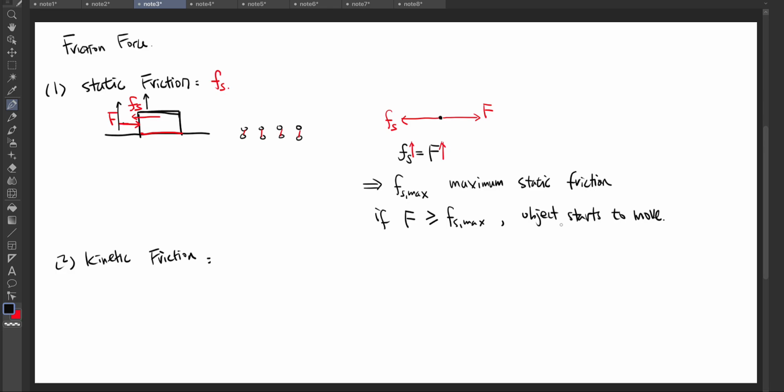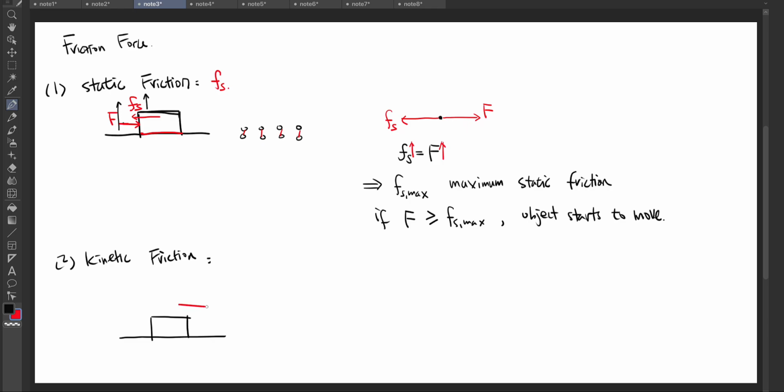All right, so now once the object starts moving, then we're talking about the kinetic friction. So again, here's the surface, and there's an object sitting on the surface. Actually, you don't need a pushing force. If the object is already moving on the surface, then we already have the kinetic friction.